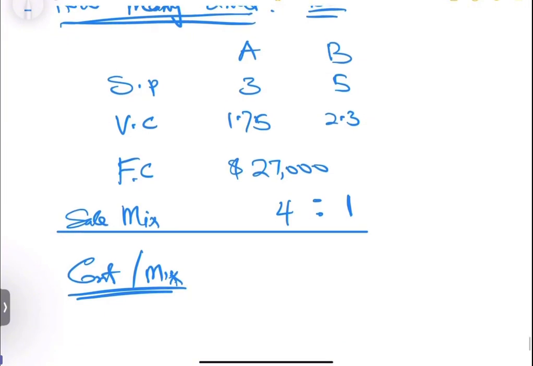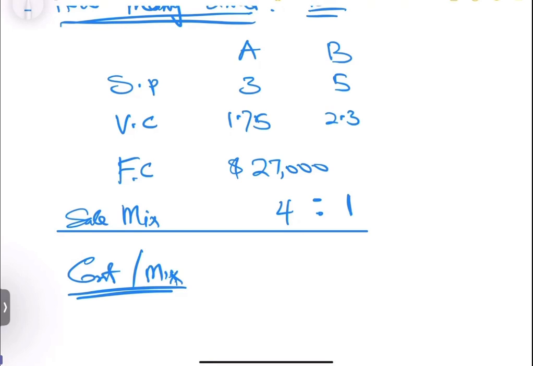For every mix, we must have sold 4 units of A and 1 unit of B. So we need to know the contribution from 1 unit of A, multiply it by 4, get the contribution for B, multiply it by 1, and add it together.